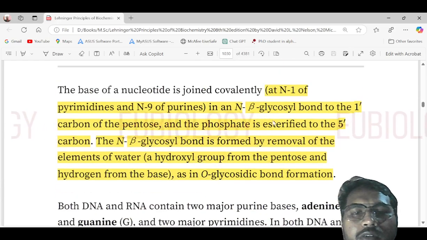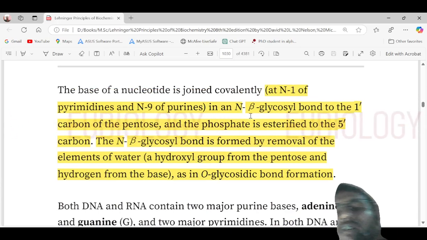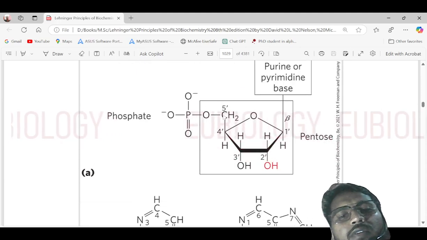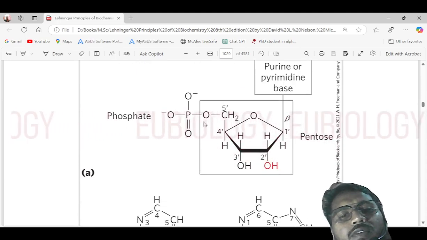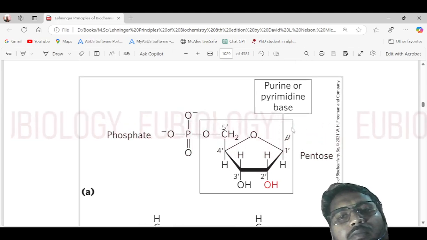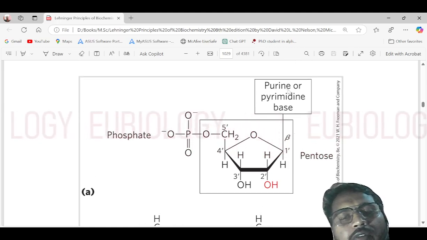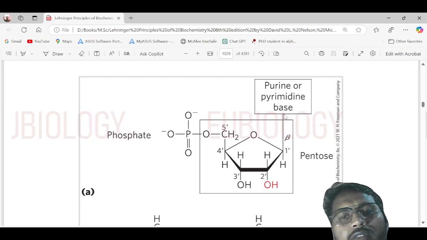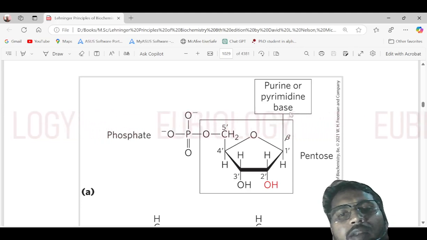Why is it important? Because if you see the binding of the pentose with the base, the pentose's first carbon binds with the nitrogen. If it is a pyrimidine, it will bind with the first nitrogen.